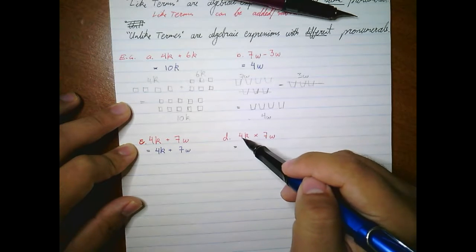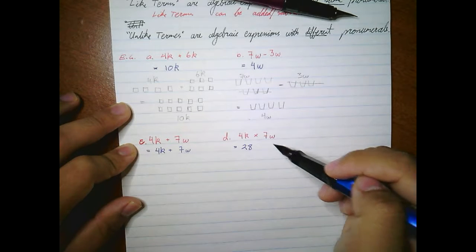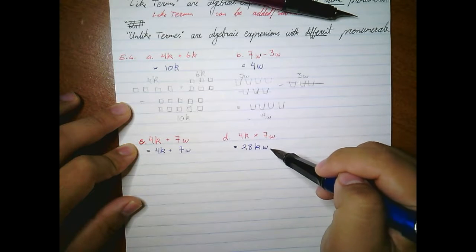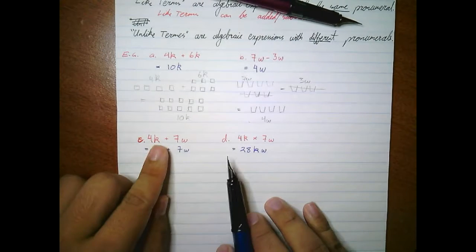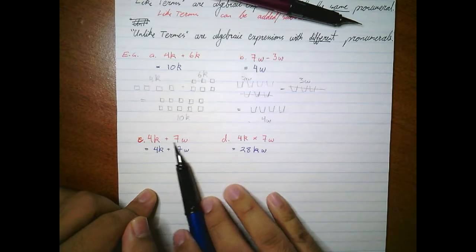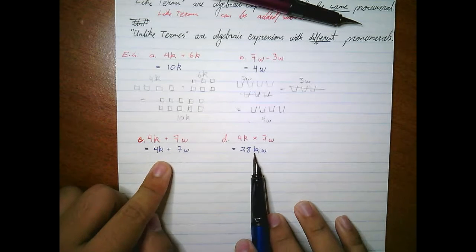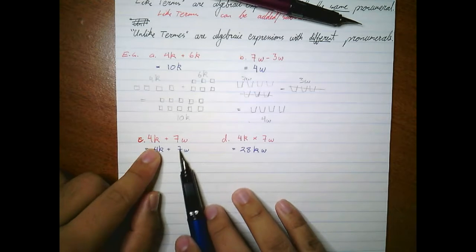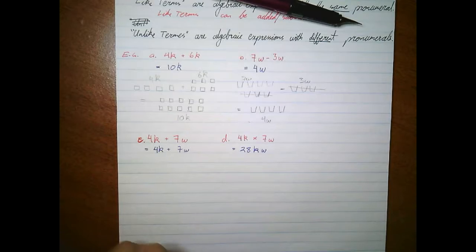It would be 4 times 7, which is 28, and k times w is just kw. But look at the difference. This is addition, this one is multiplication. They interact differently. Only like terms may add or subtract, but multiplication can happen regardless.